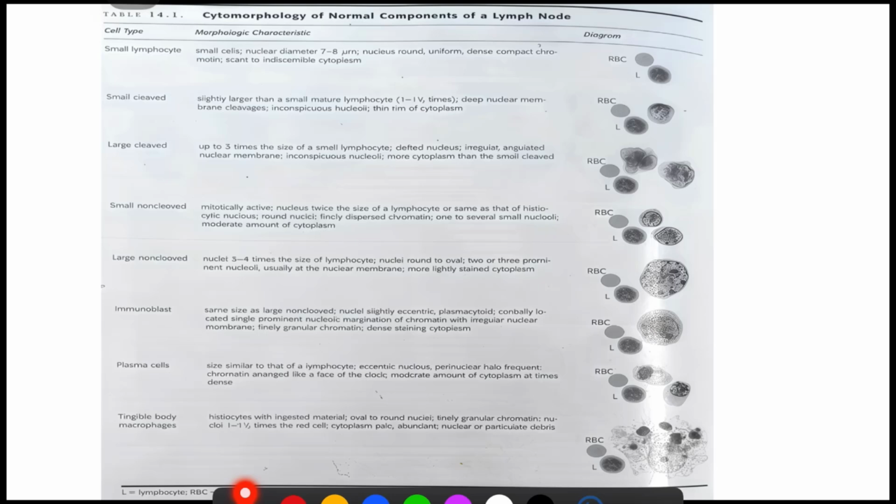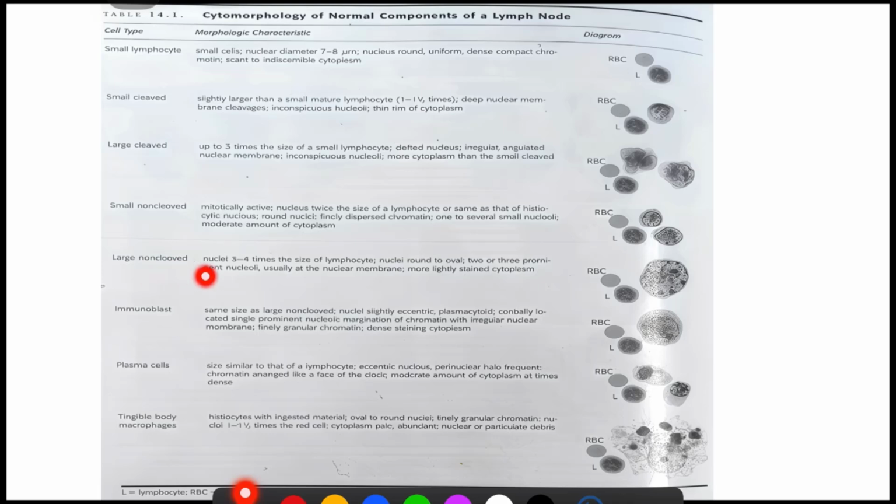Now, small non-cleaved cells. They are mitotically active and the nucleus is twice the size of lymphocytes or the same as the histiocytic nucleus. So here you can use the histiocyte also as a ruler for comparison.